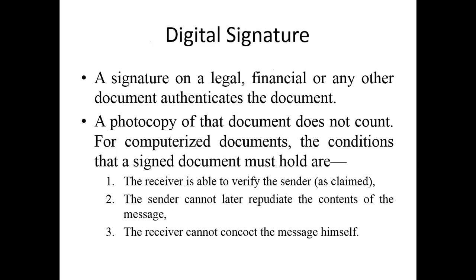If you look at the digital signature, let's give an example of a physical signature. You write a document and then you sign against that. When you are signing, you are saying that you are the one that has written that information. You are verifying, or you're telling us that you are the one that did this.